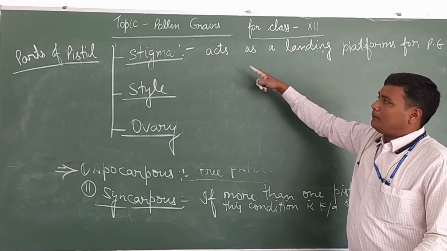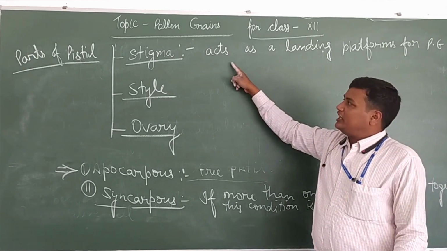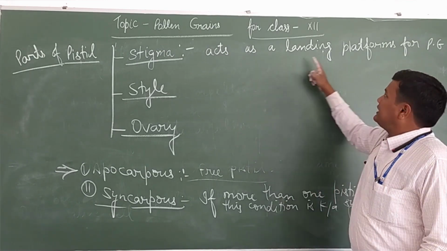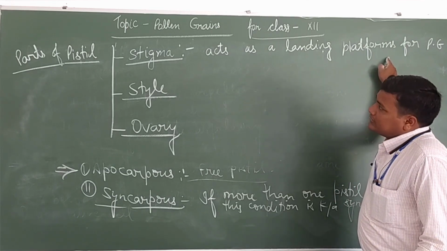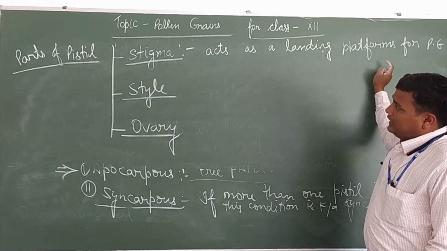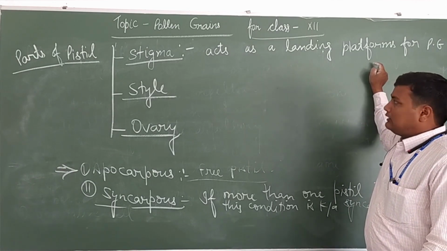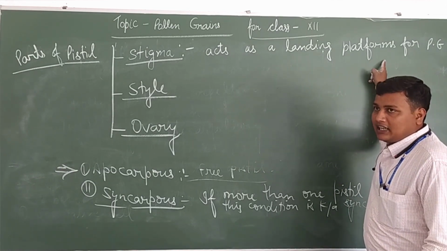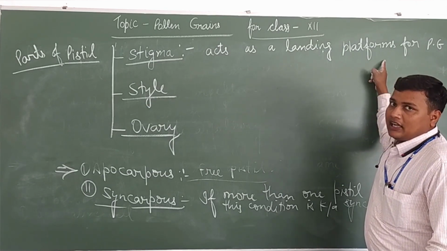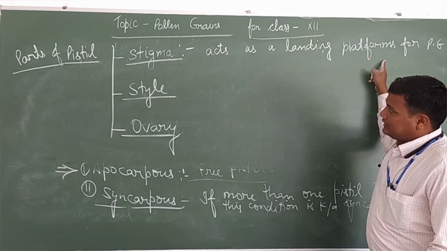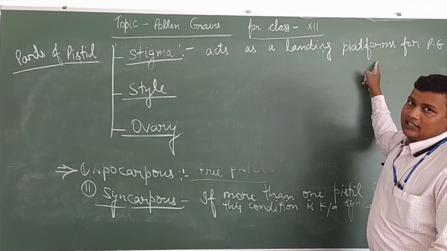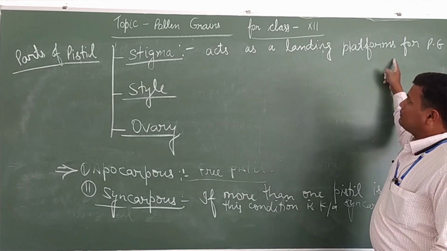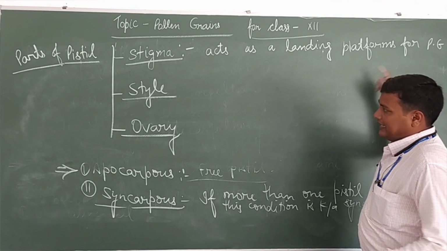With the help of a pollinating agent, they land on the stigma. So stigma gives the platform for the landing of pollen grains. The stigma is a lobe-like structure on which the pollen grains land.